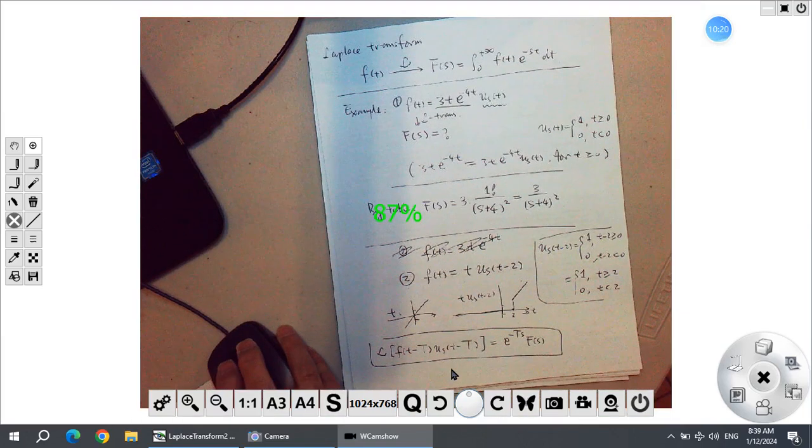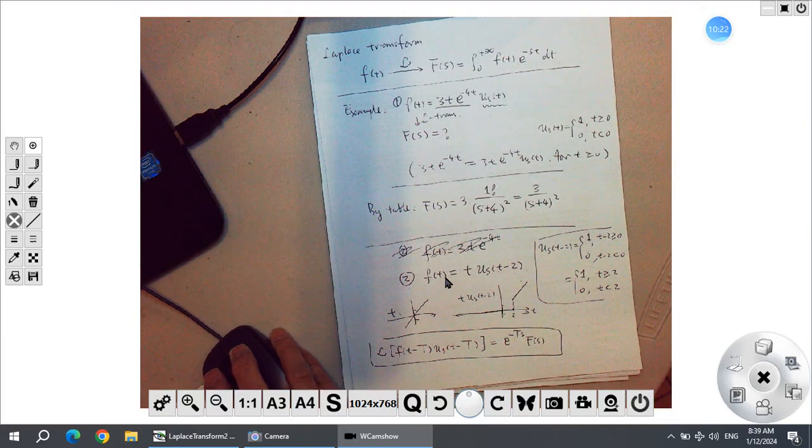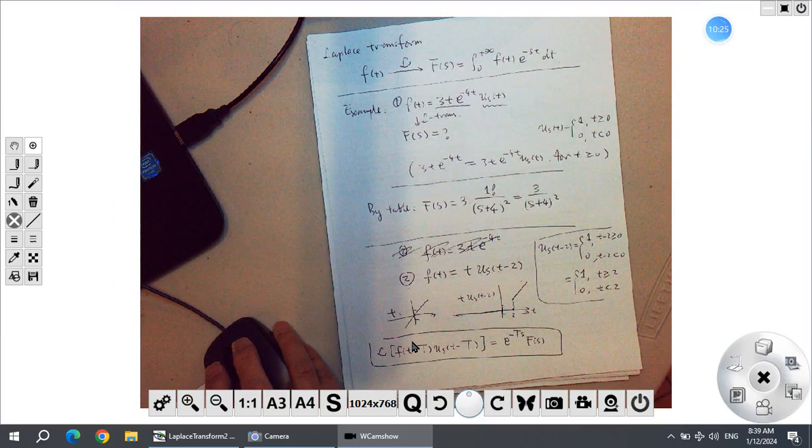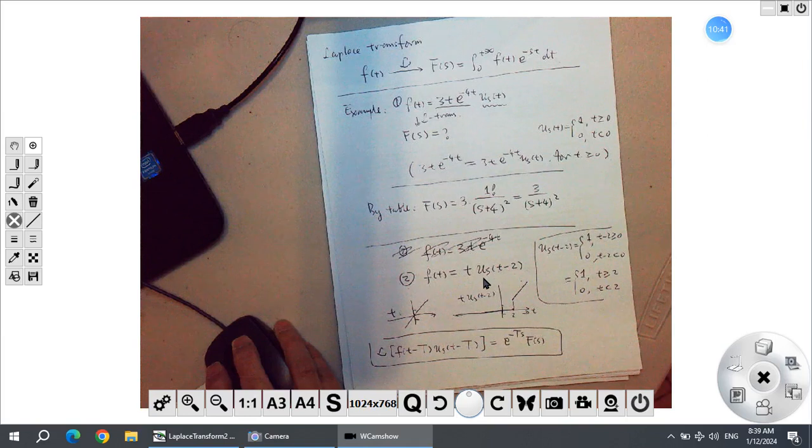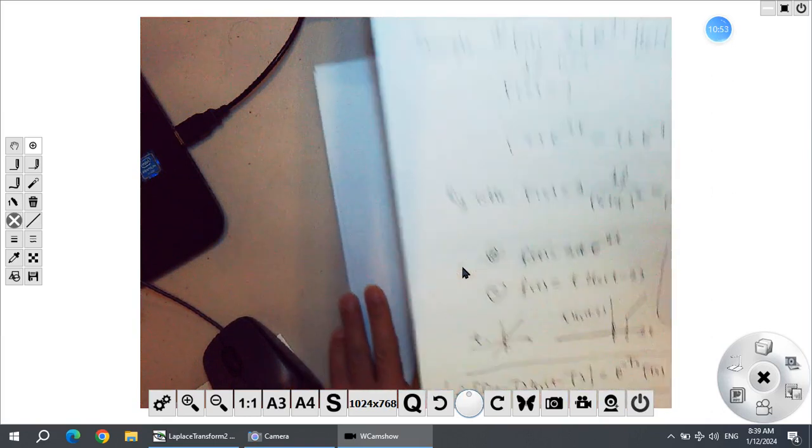So we need to rewrite the given function in this form: a function of t minus capital T, times u_s of t minus capital T. Now capital T is 2, so t minus 2. But in the given function, there is a t, not t minus 2. We want to change this to be t minus 2.